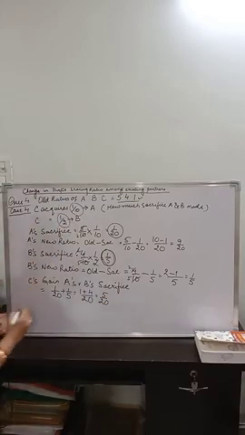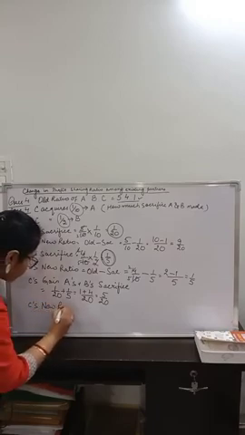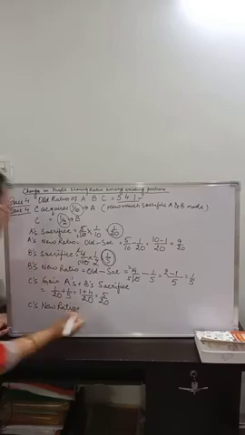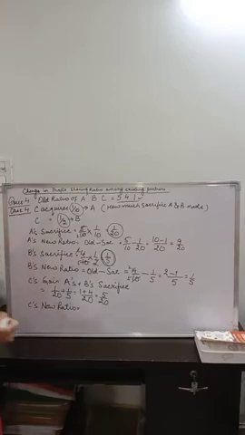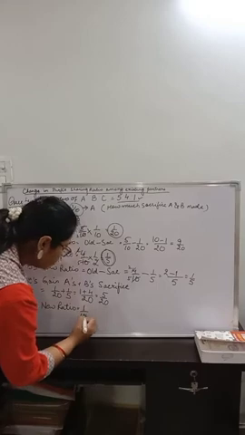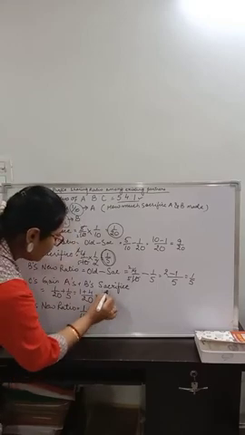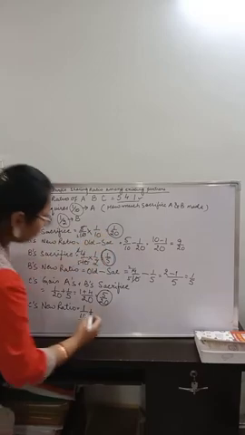Now C's new ratio will be simply his old share plus the gain which he has made by taking something from A and B. C's new ratio will be his old ratio plus the gain which he has made after A and B sacrificed.